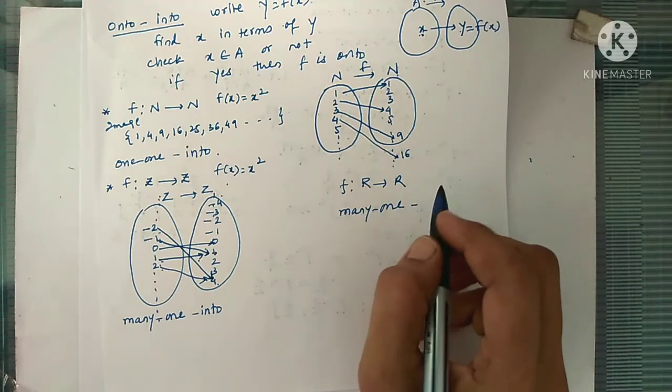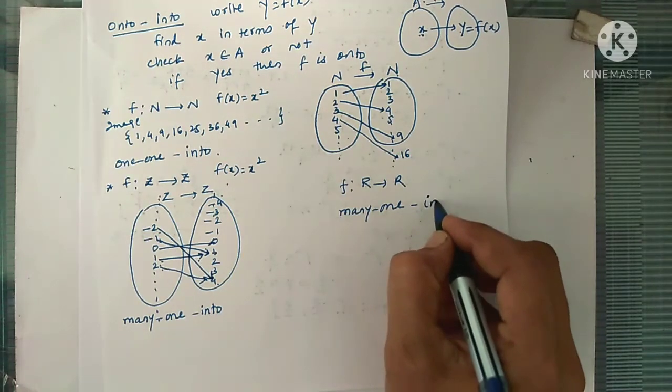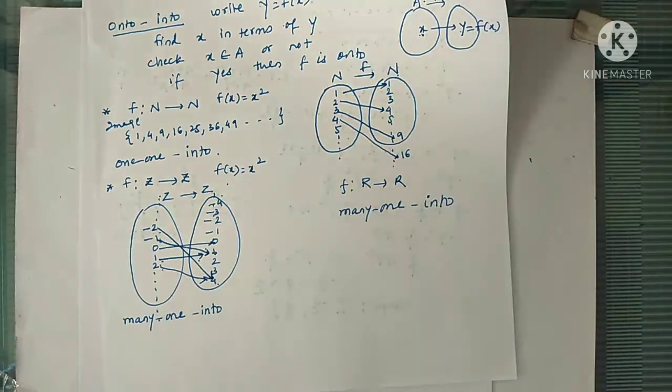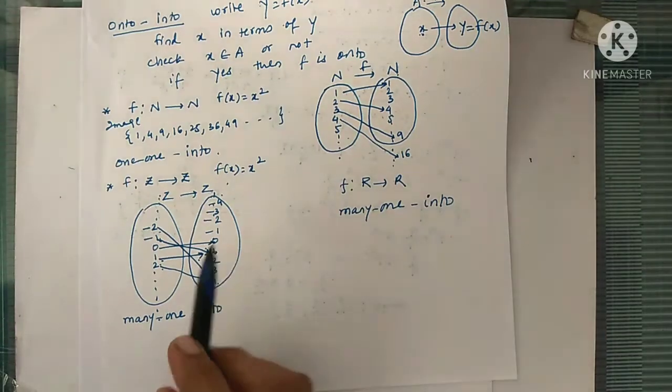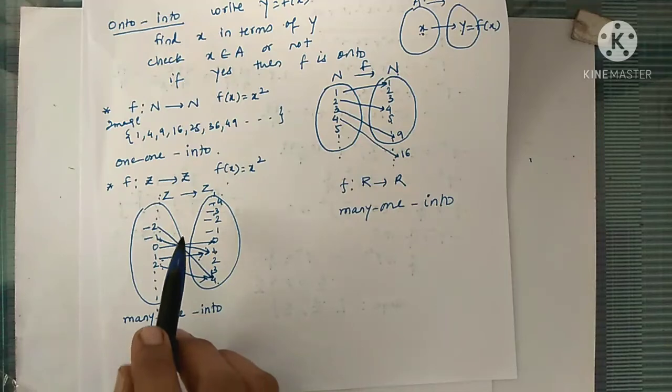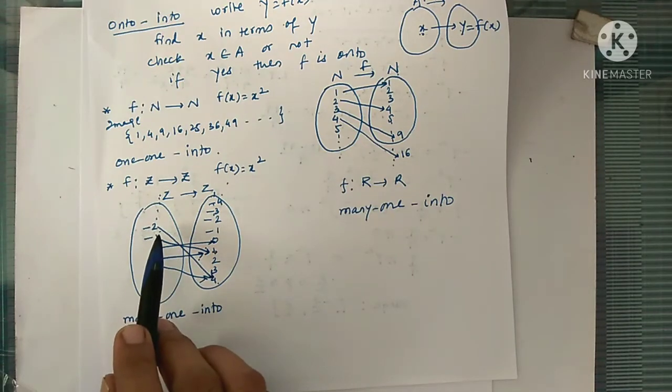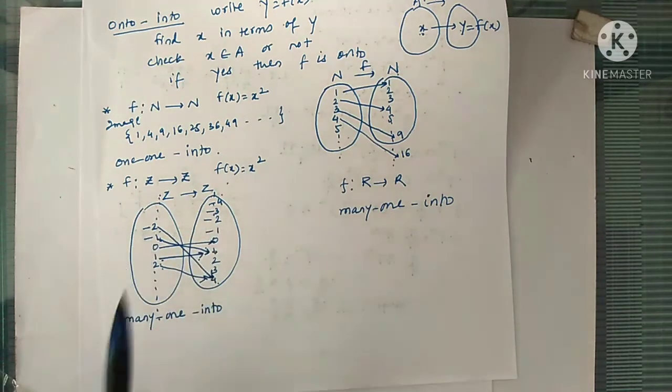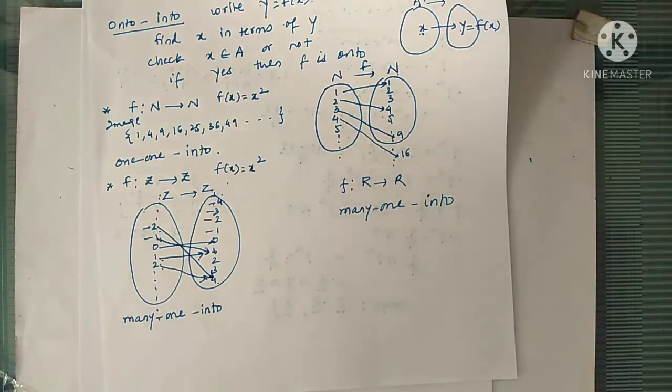So though it is R to R, it is again an into function, because the square root of -4, -3, -2 is not a real number. These negative numbers do not have a pre-image in Z and in R also. So it is an into function. So the type is many-one into.